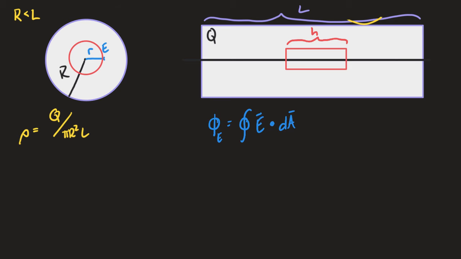Now, just looking at this picture, I'm trying to remind you that we know the direction of the area for the top and bottom would be like that, and the direction of the area on the sides would be kind of in all directions, radial to the center. So, something like that.